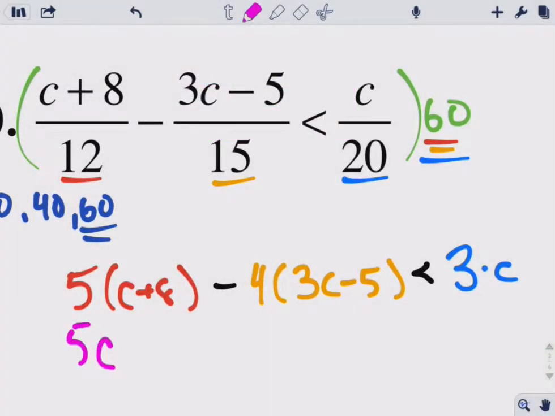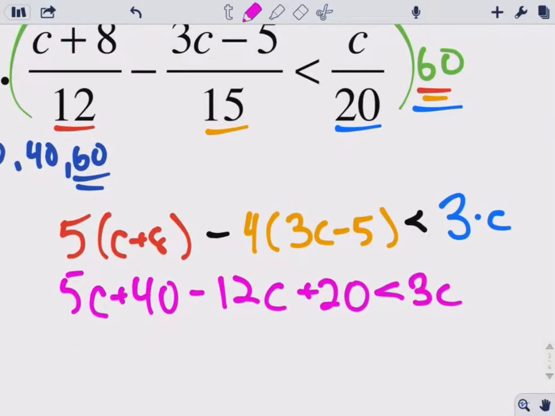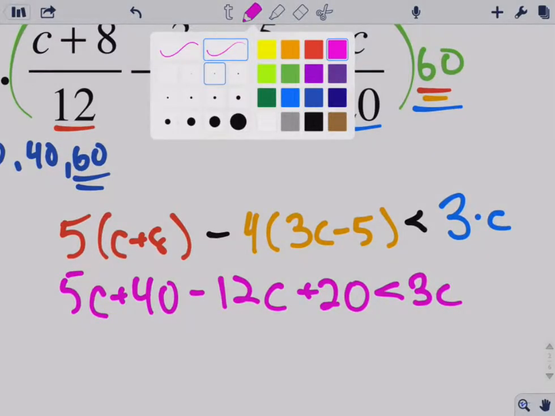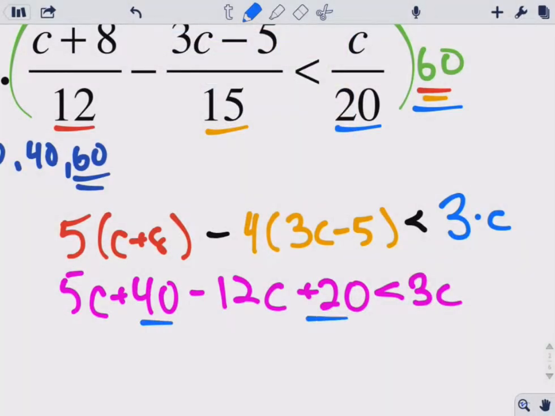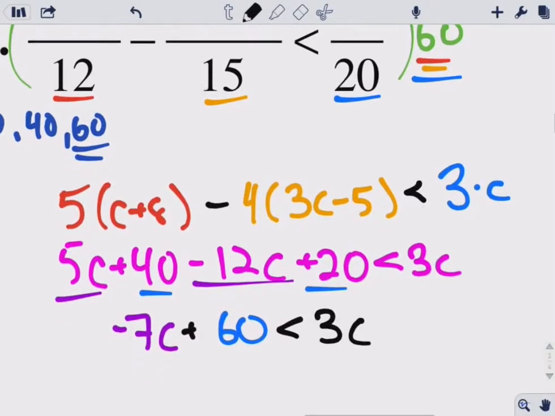I get 5c plus 40 minus 12c plus 20 is less than 3c. Combine like terms on the left side. Okay, so like terms 40 and 20 is 60. And then negative 12 and positive 5 is negative 7c. Alright, and then we are plus 60 and a 3c.